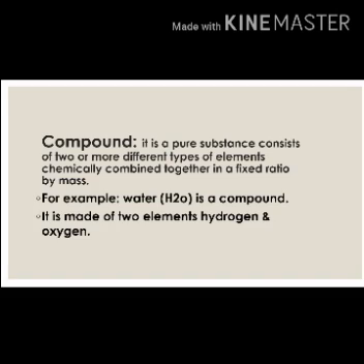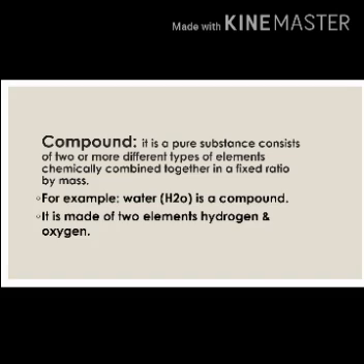Whenever they combine together, they form a particular formula, and that is known as H2O, a compound. Dear students, the ratio of hydrogen atoms to oxygen atoms in water is always 2:1. 2:1 means it contains two atoms of hydrogen and one atom of oxygen.